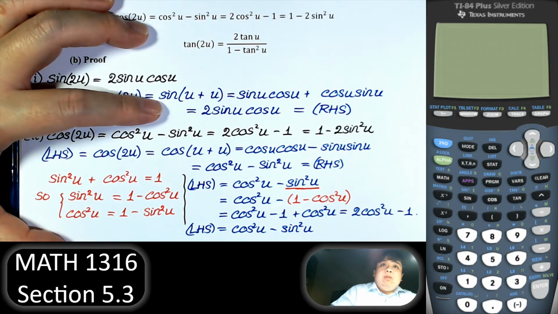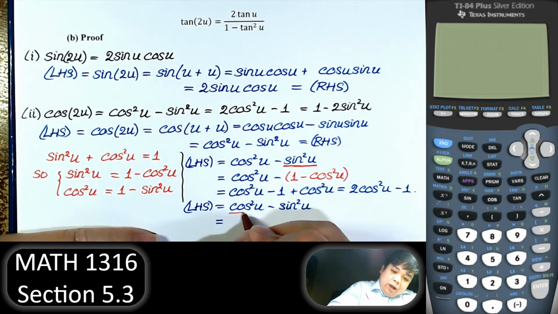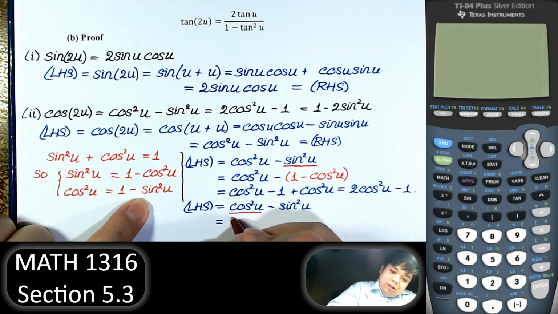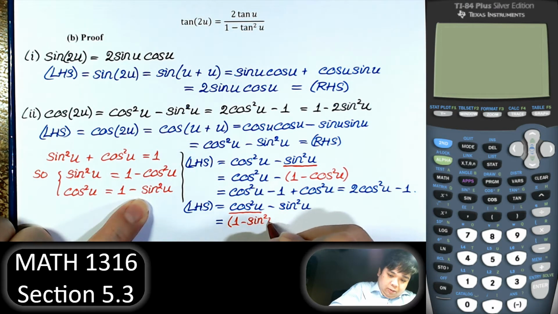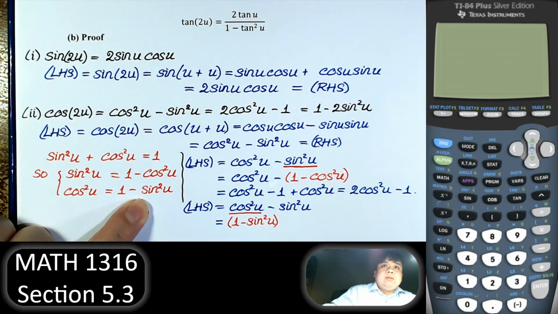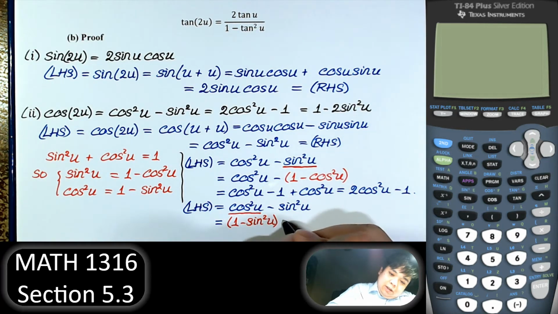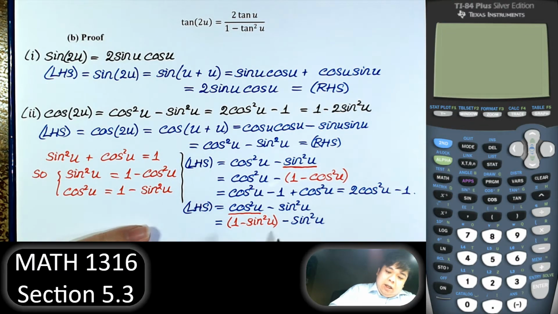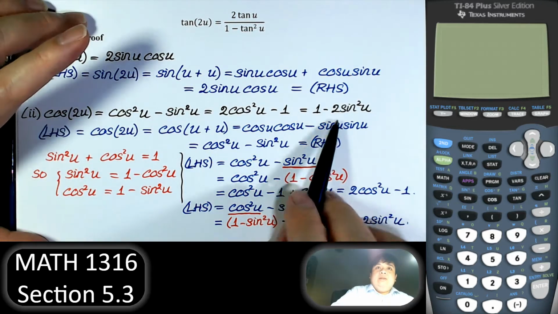But this time, we write the cosine square using this, and minus sine square make that 2. So that's what we have equal to this.